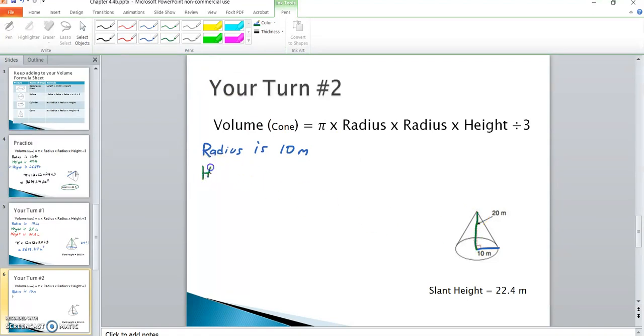Our height is 20 meters. And our slant height is 22.4 meters.